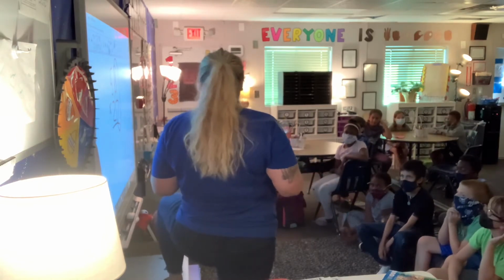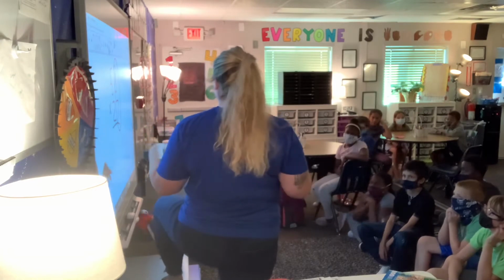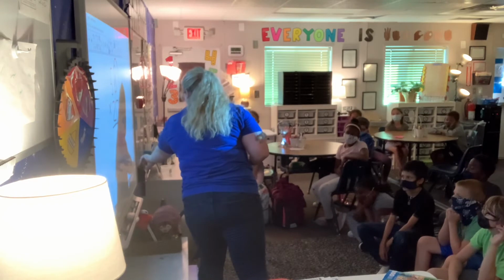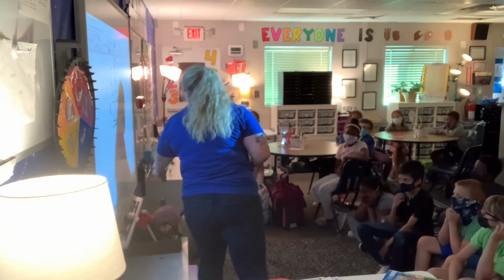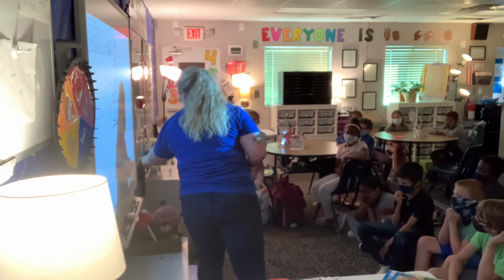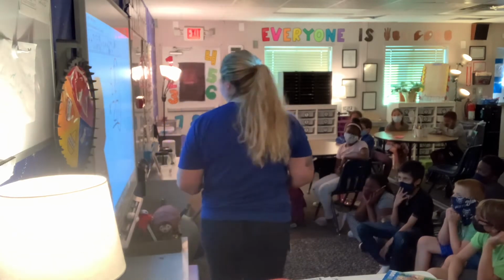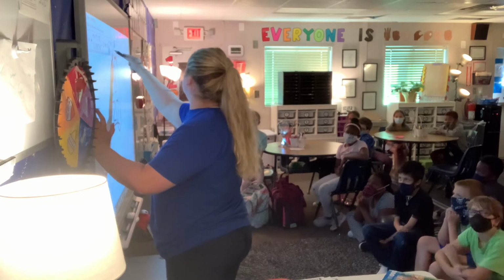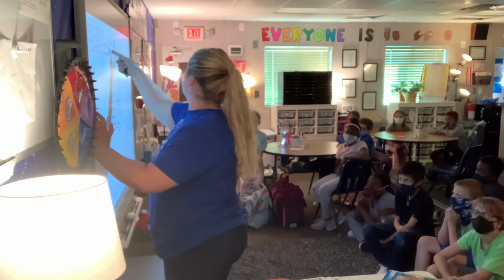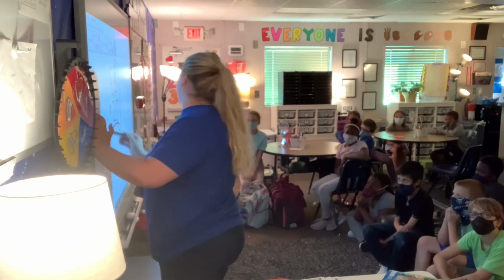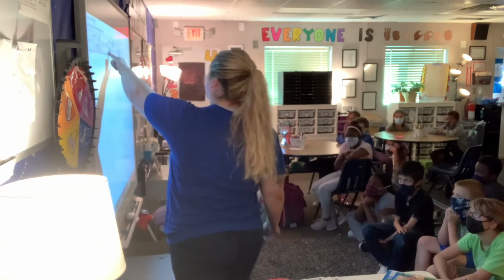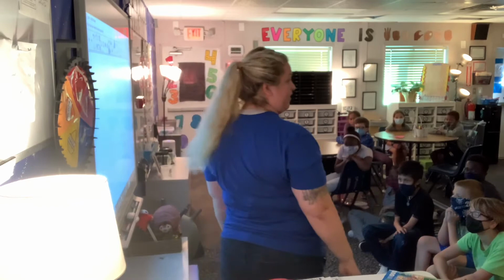No. So we're going to review a little bit and talk about a way that we can help ourselves remember our facts of 8, so that we can effectively do our grade level standard of standard algorithm.